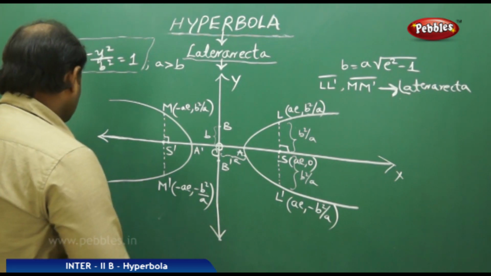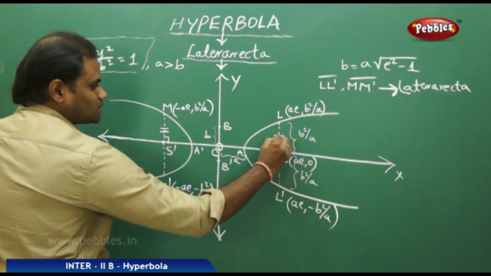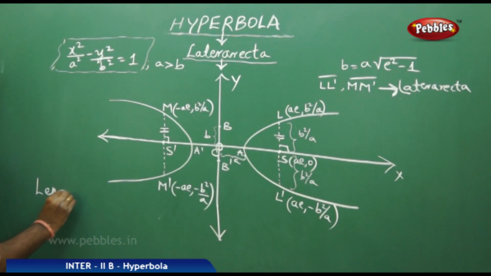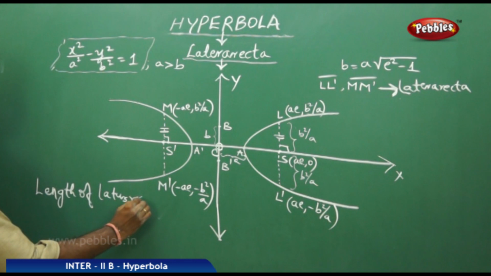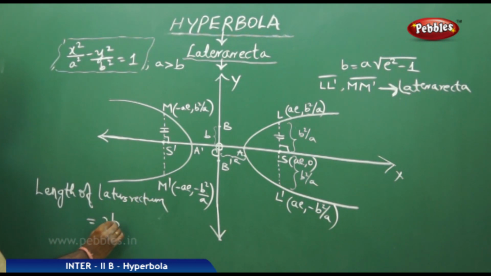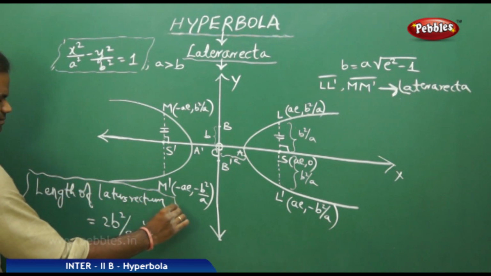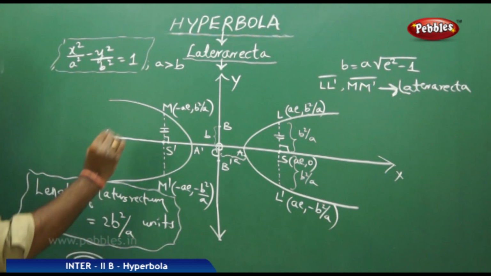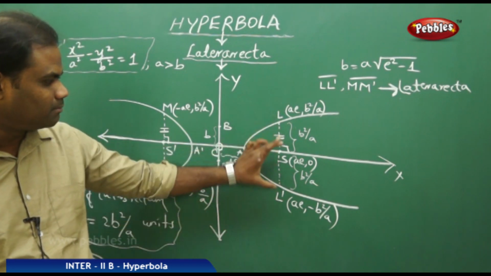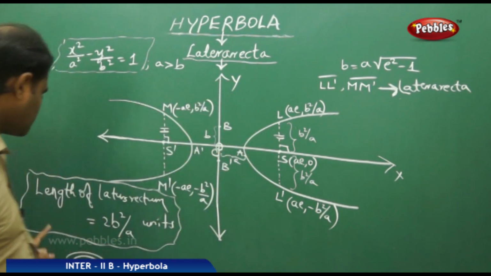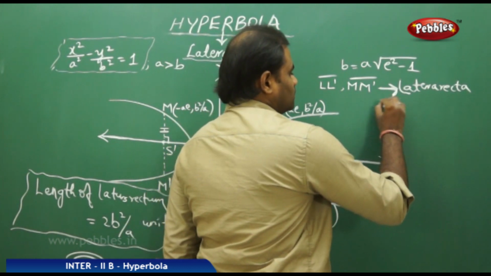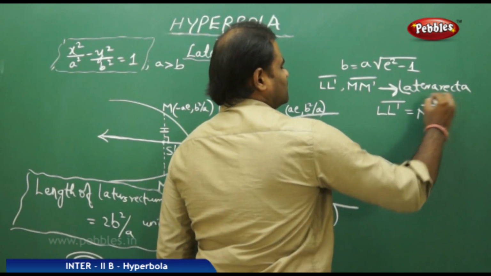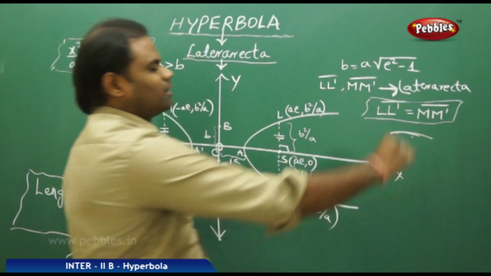Therefore the length of the latus rectum is b squared by a plus b squared by a, which is 2b squared by a units, and both latus rectums are equal, that is LL dash is equal to MM dash.